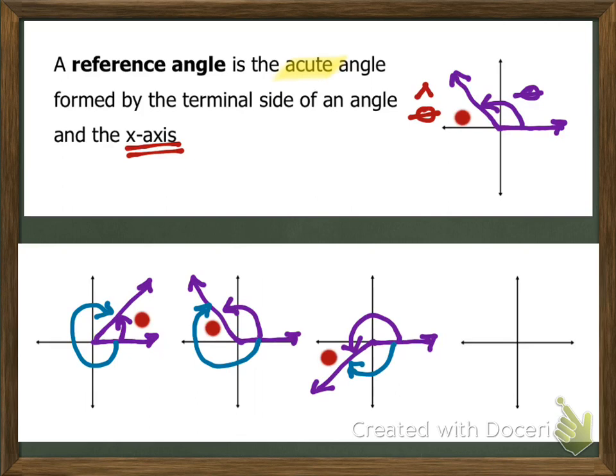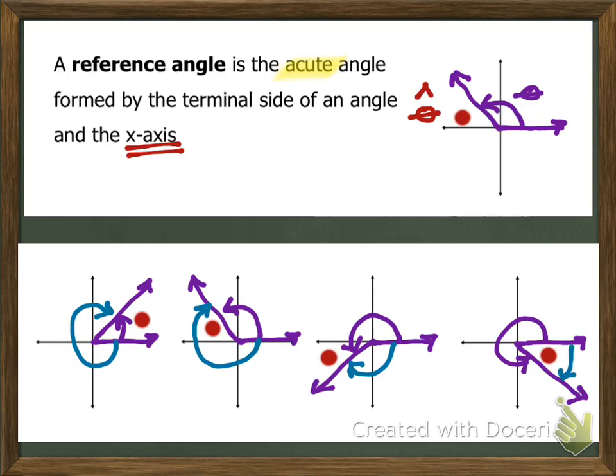Lastly, if my angle is in the fourth quadrant, right here, we would go around this way, right? That would be the positive angle. There's my reference angle. And the reference angle, again, does not change if we go around in the negative direction.